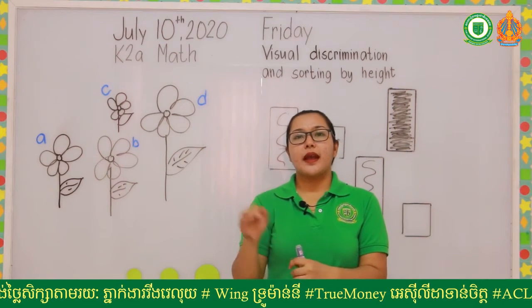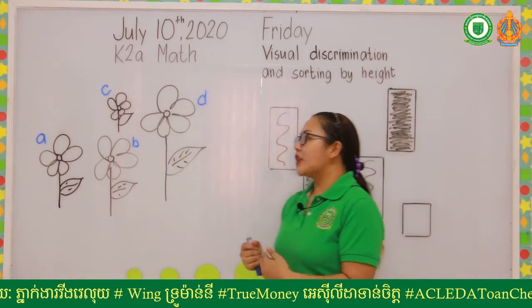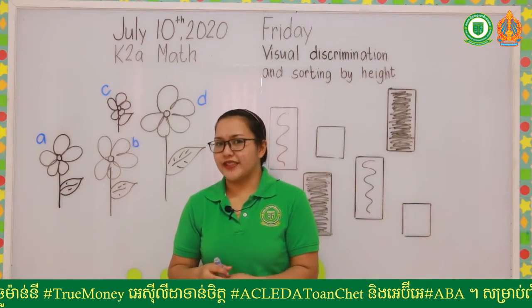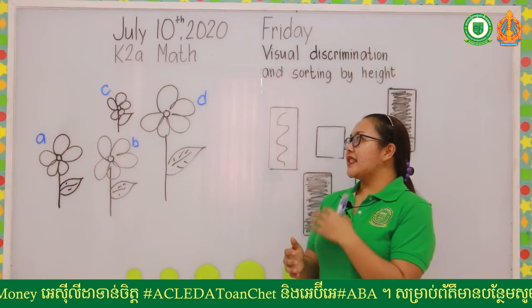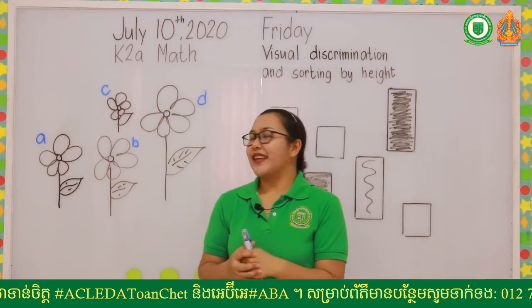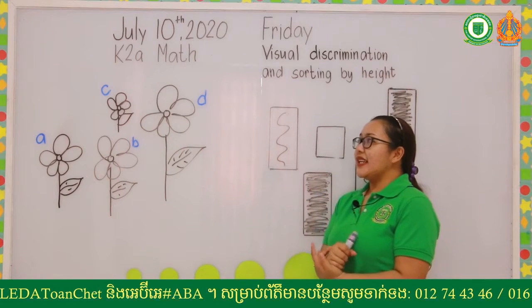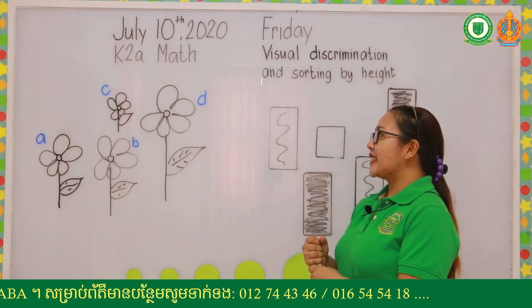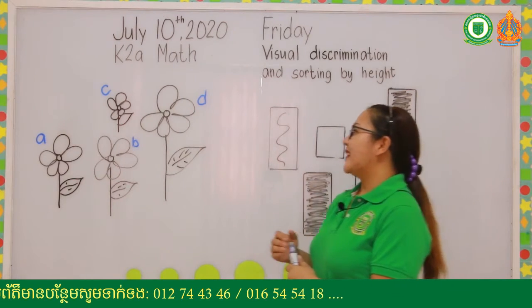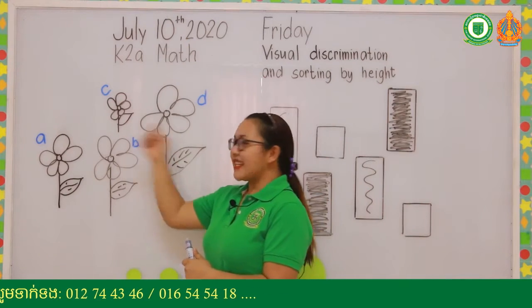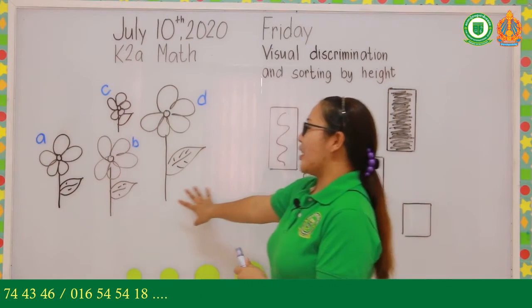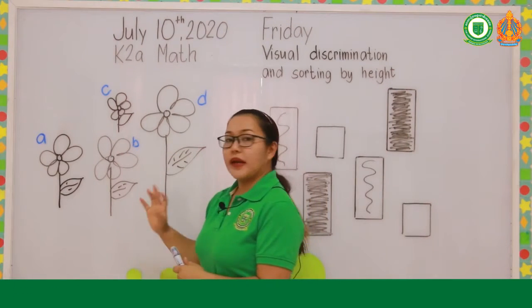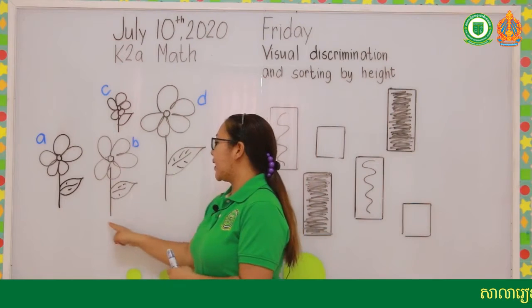But let's do it one by one. Which picture is the shortest flower? Is it A, B, C, or D? It's the shortest, letter C. Now look at the picture. You can identify by first looking at the stem, right?